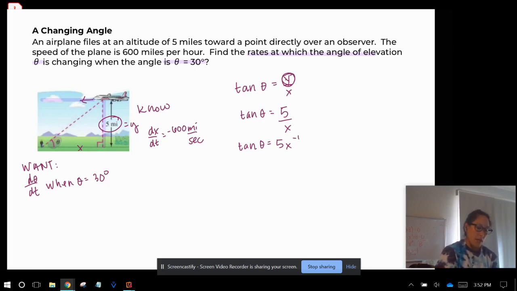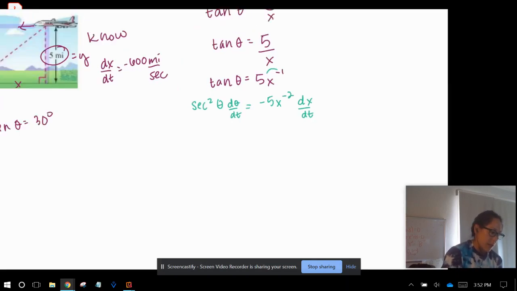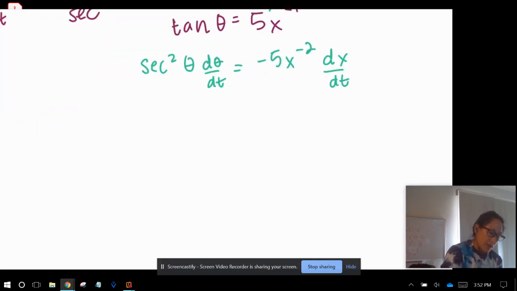And then let's go ahead and take the derivative. Tangent is secant squared times d theta dt is equal to, let's see, negative 5x to the negative 2 dx dt. Okay. Next up is to start substituting. Also, I know secant squared is 1 over cosine squared theta, so I like cosines better, so I'm going to use that.